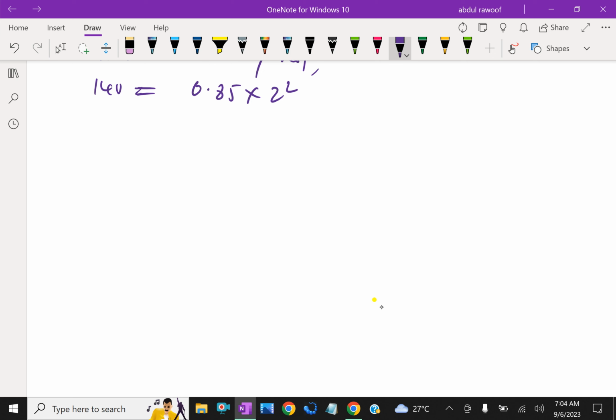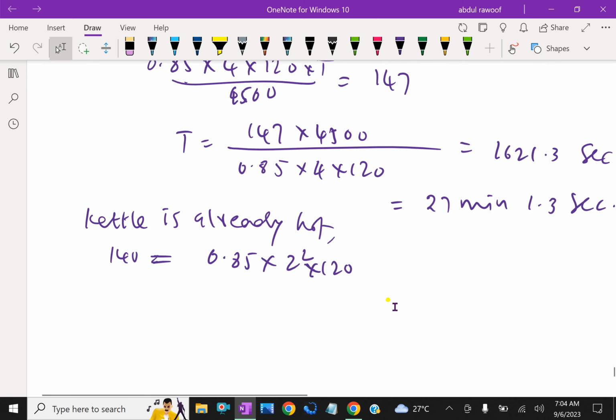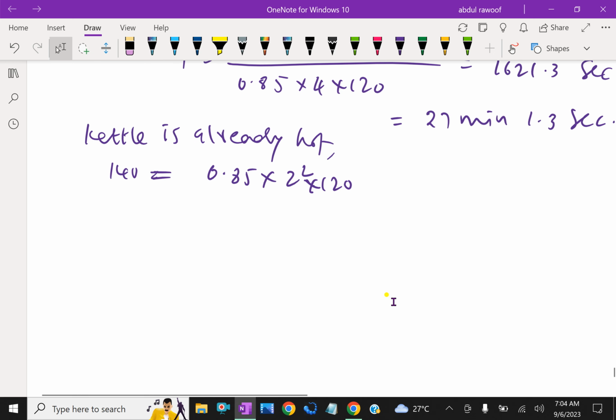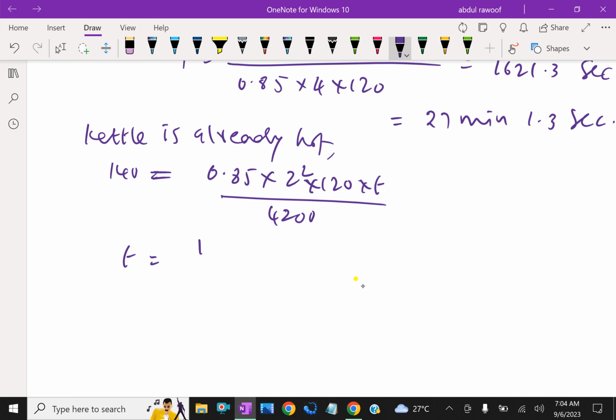R is 120, over 4200, into T. Therefore, T is equal to 140 into 4200 divided by 0.85 into 4 into 120.